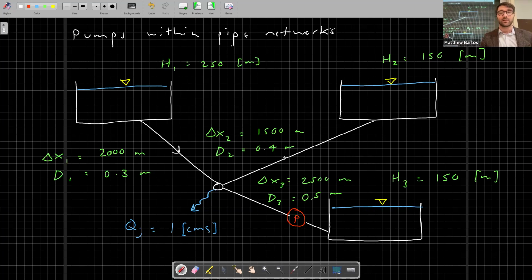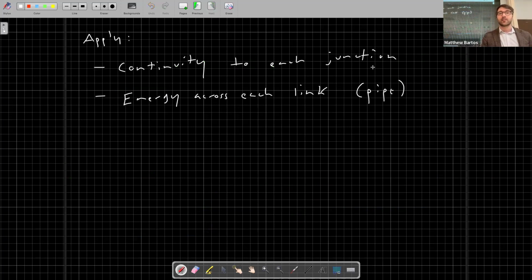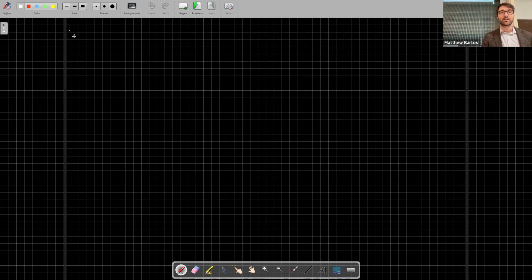We're going to say that all of the flows are moving towards that central junction. The pump is pumping from this reservoir to this central junction. Okay, so let's take our general approach for solving pipe networks, and let's just start writing down our equations.